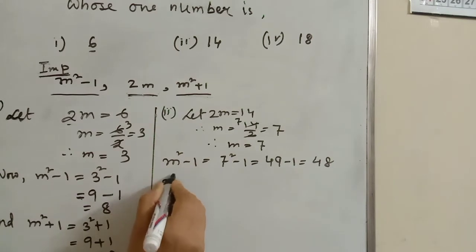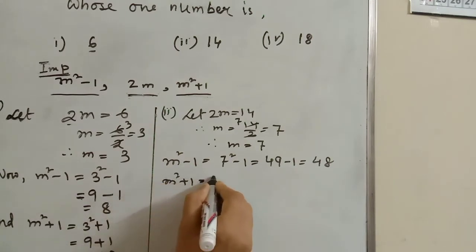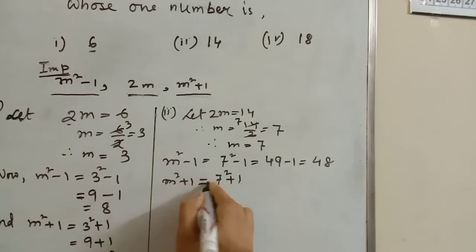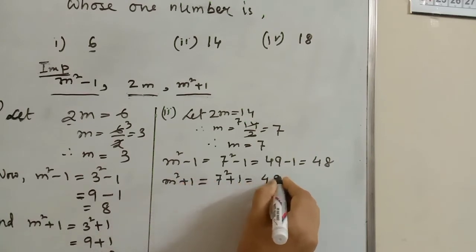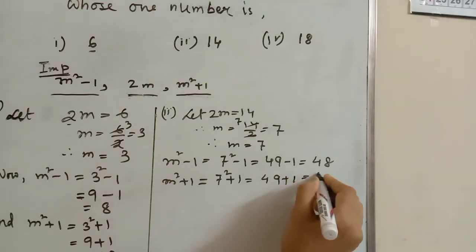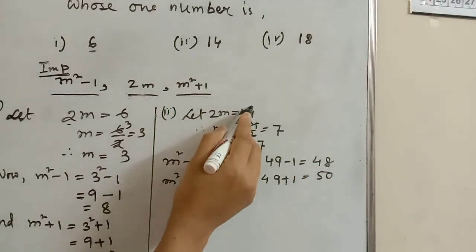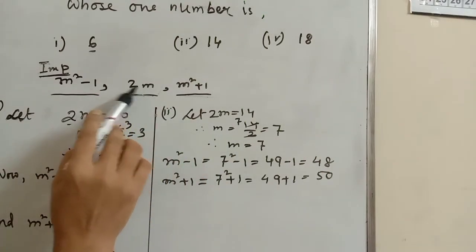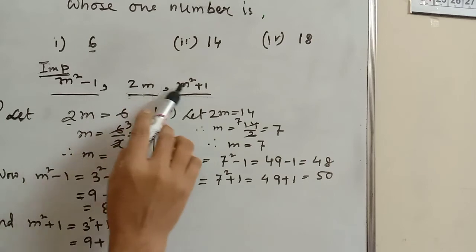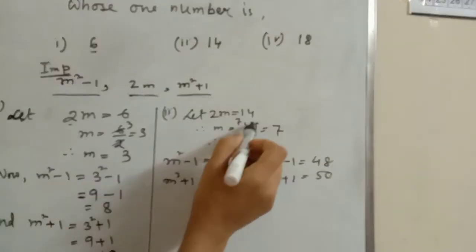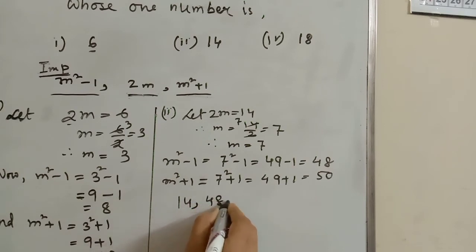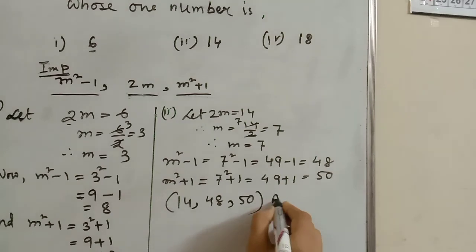Another number is m square plus 1, 7 square plus 1 equal to 49 plus 1, 50. So in this triplet, one number is 14. Don't write 7 because 2m is our number in the relation m square minus 1, 2m, m square plus 1. So 2m is our one number. So our numbers are 14, 48 and 50. The triplet's three numbers are these.